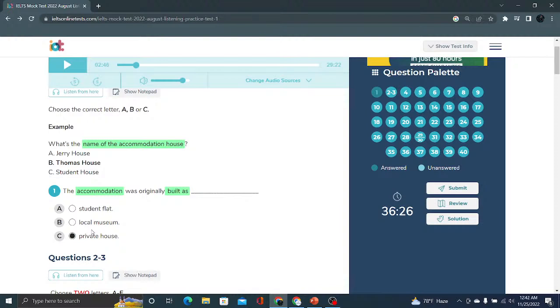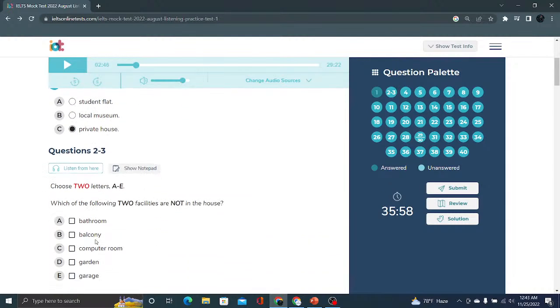So family of a person, Thomas, whatever you listened, it all means it was used for a family. So that means it's going to be similar or close to private house. That's what the answer would be, private house. I hope you got it right now.